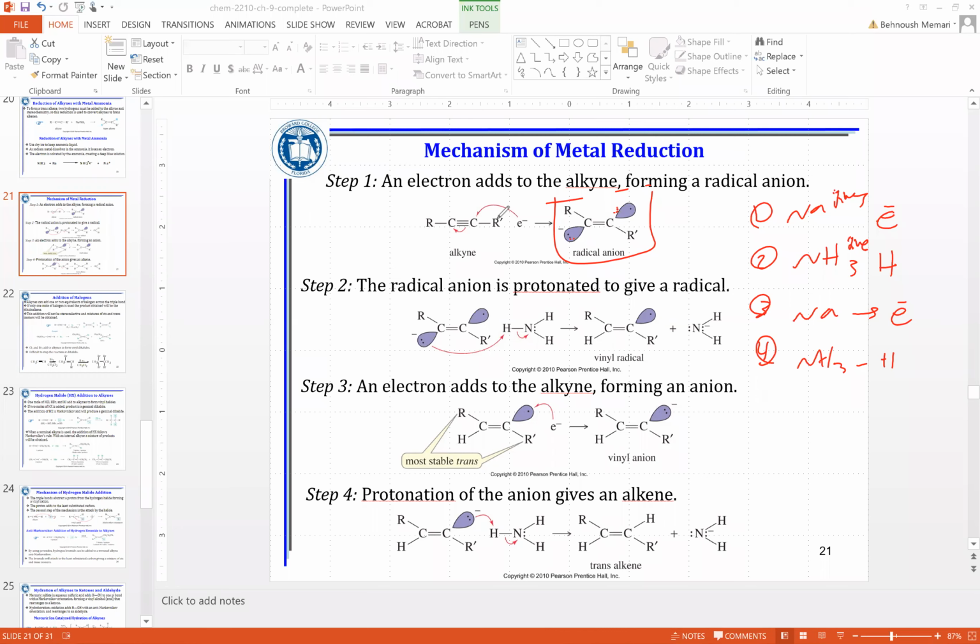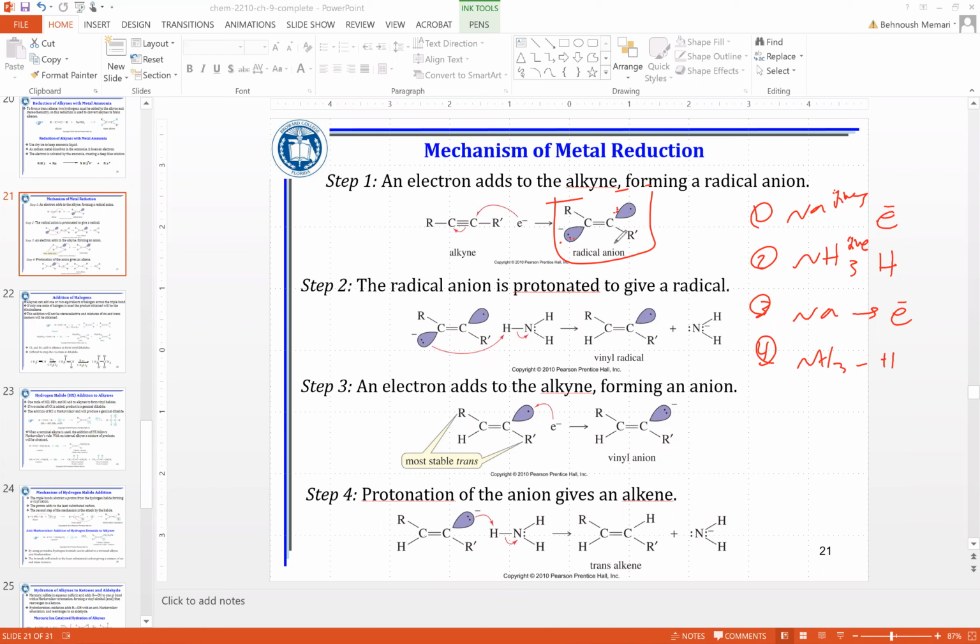So everything else is going to follow this pattern. You already have a backbone of a trans molecule. The R groups are pushed in the opposite direction because the electrons are pushed in the opposite direction. You're adding one hydrogen and then an electron and then a hydrogen. It doesn't matter. The R groups are pushed in the opposite direction already. So we get a trans product.